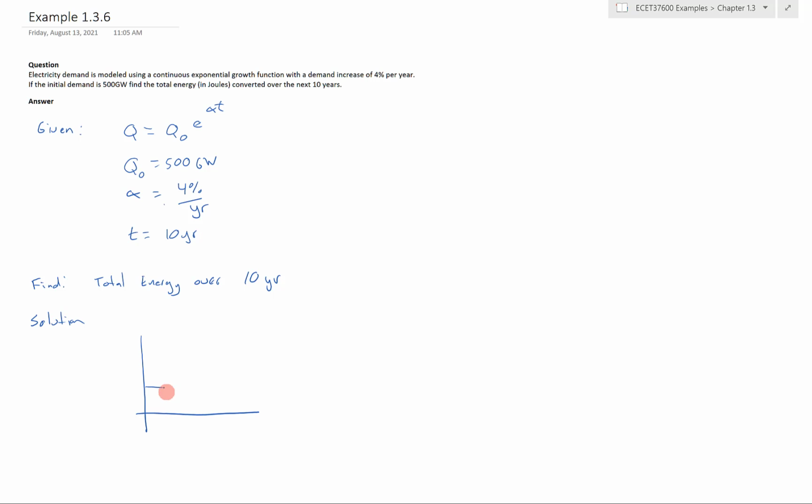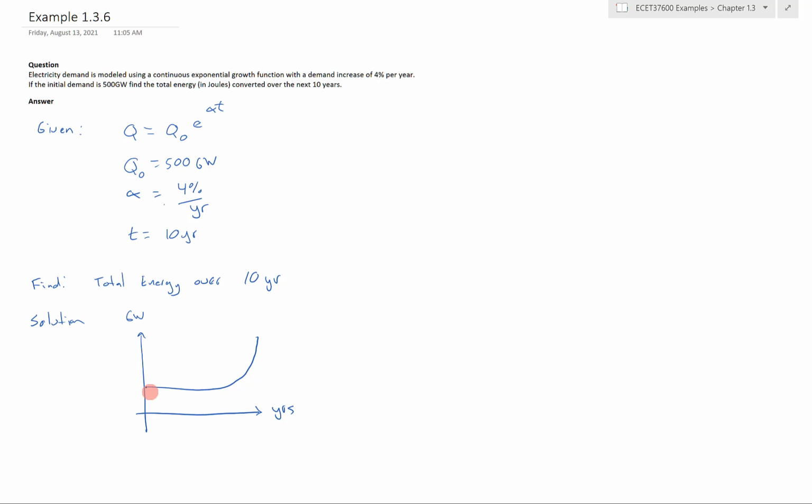We've got an exponential demand curve. The demand is on the y-axis and the time is on the x-axis. So this is the years of energy usage or electricity usage or demand, and this is the instantaneous power. That's what demand plots as power. So we'll just put this in gigawatts right there.